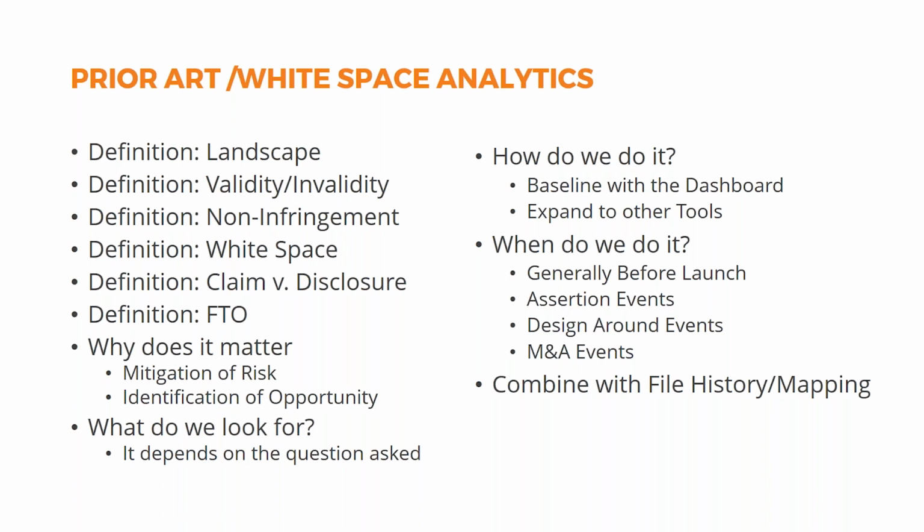Risk. And Mark, just to track back real quick to your claim versus disclosure analysis. I found this particularly important when you're looking at issued patents and pending applications. Issued patents almost end up being a lot easier because you can look at what the claims cover. But with a pending application, because you don't know if they're going to file continuations, this is when you're looking at a competitor or a third party.